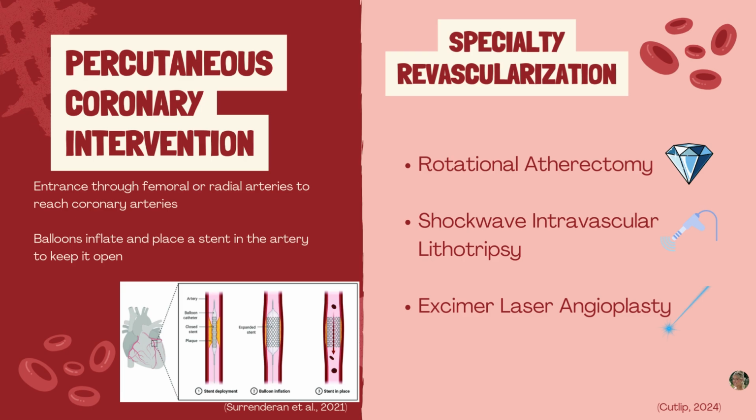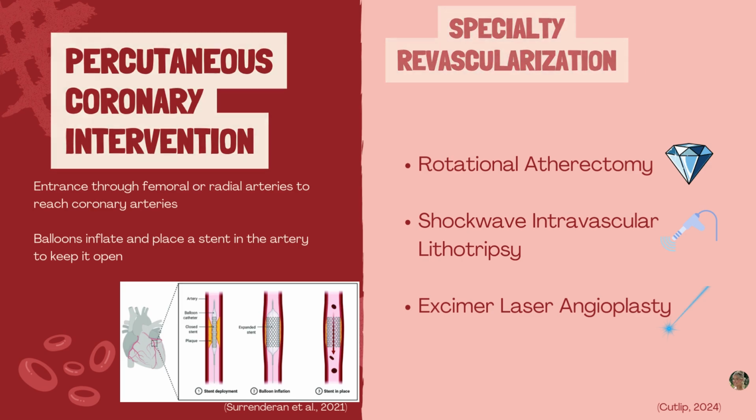This one is still in clinical trials and isn't used as widely, but I still wanted to touch on it. It uses a laser to produce monochromatic light energy to cause the ablation of plaque from heat generation and shockwave. So it's similar to shockwave intravascular lithotripsy, but it also uses heat. We'll see if in the next coming years that one becomes more mainstream.